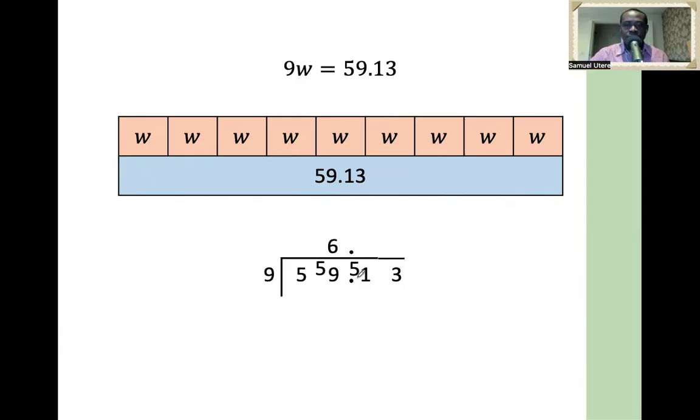And then you have 51 divided by 9. That's 5 because 9 times 5 is 45. Our remainder is 6. We put the 6 there. It's now 63. 63 divided by 9 is 7. So now our answer, W, is 6.57.